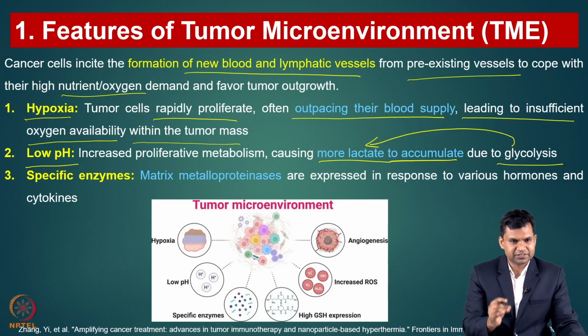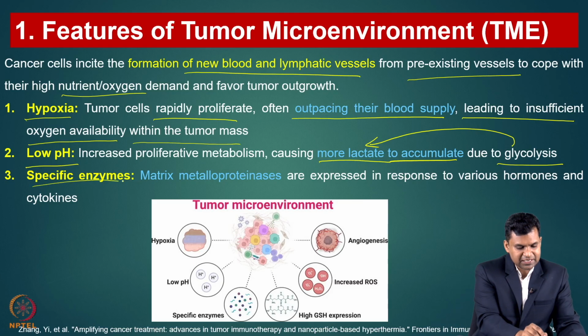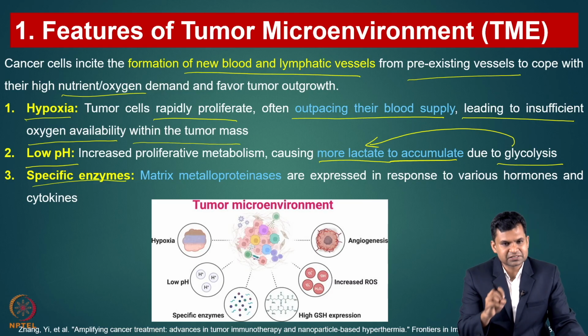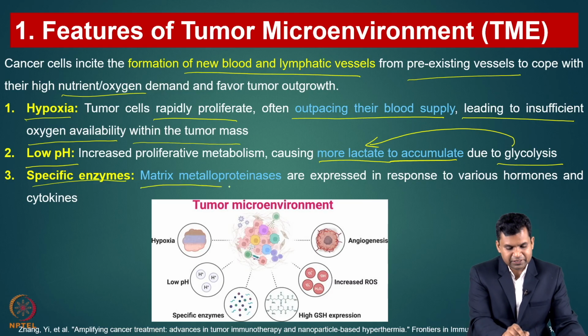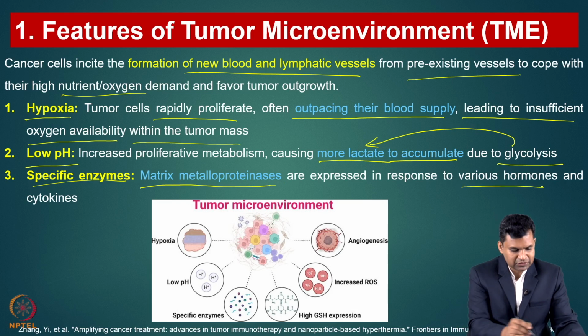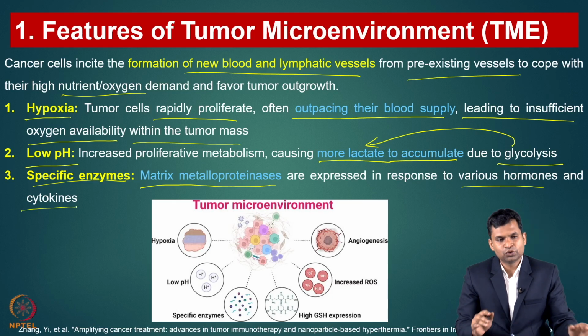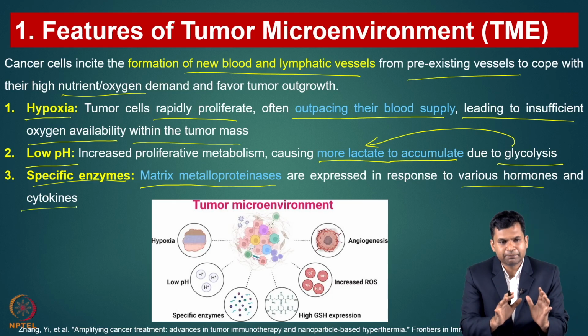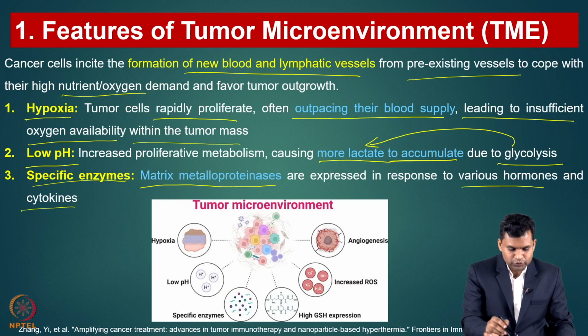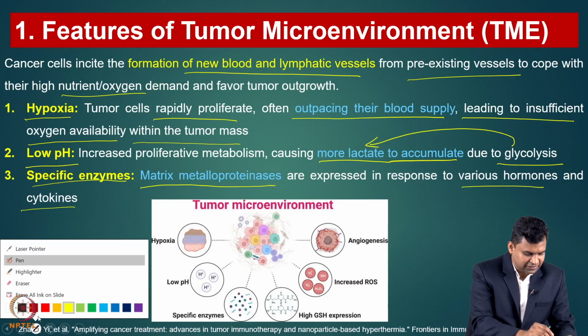And the third condition is that certain enzymes are overexpressed in any type of disease. Similarly in cancer, matrix metalloproteinase is overexpressed because of various hormones and cytokines. All these three will help us with the targeting of tumor cells. Here you can see the picture representation.